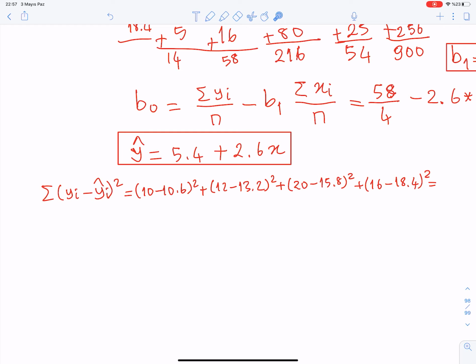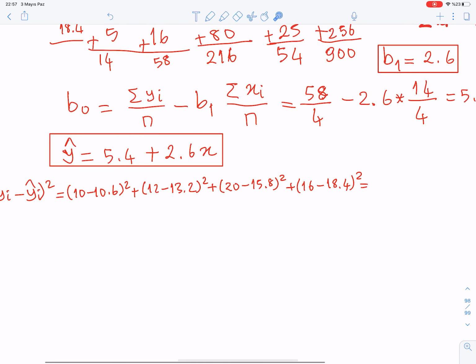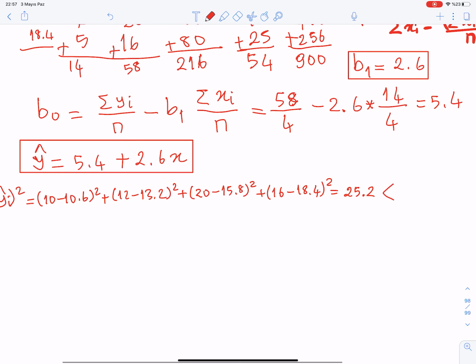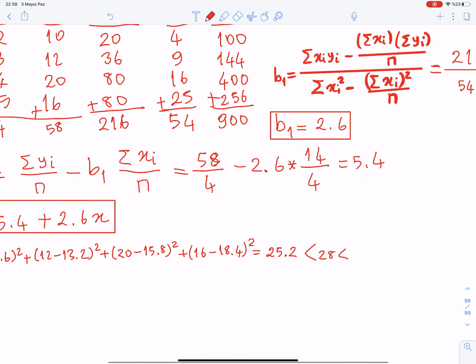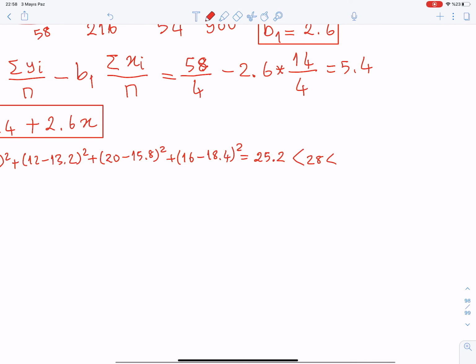The result is in fact 25.2. This is smaller than 28, and smaller than the next one, which was 42. This is the least square estimation.